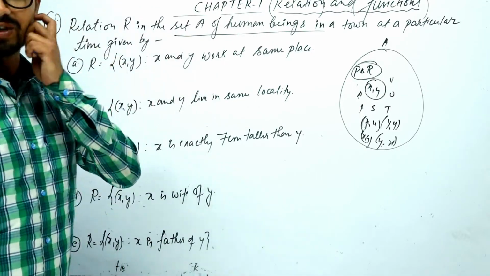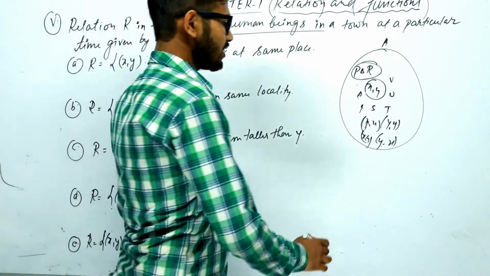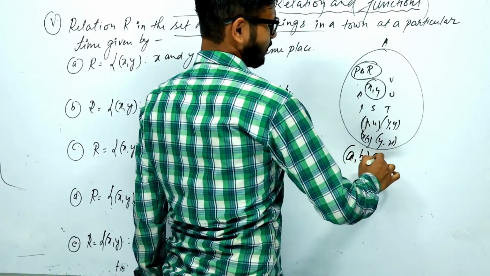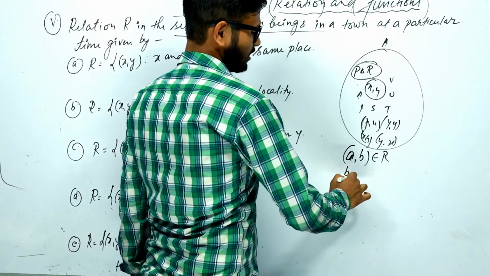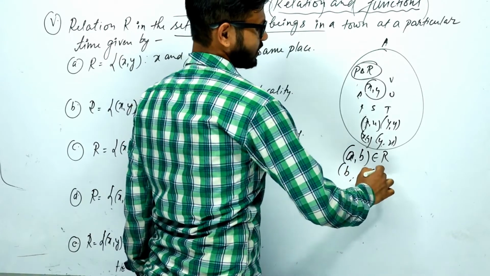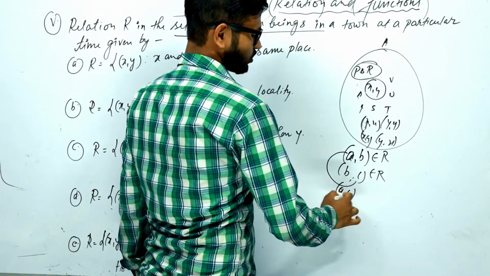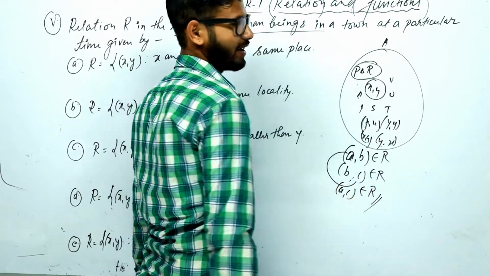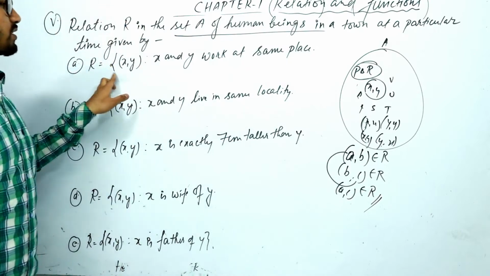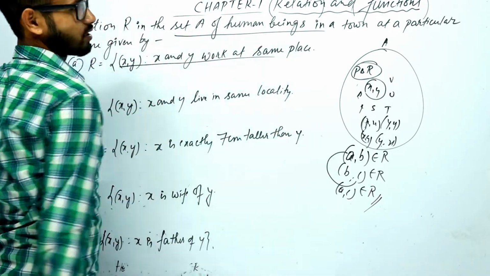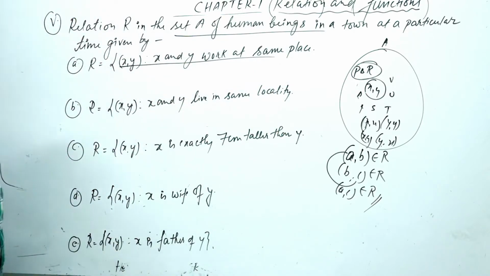Let us see the case for transitivity. If we consider (x, y), meaning A, B present in the town and B, C also present in the same town, can I say that (A, C) is also present in the same town? Definitely. So it satisfies all the cases of reflexive, symmetric and transitive.